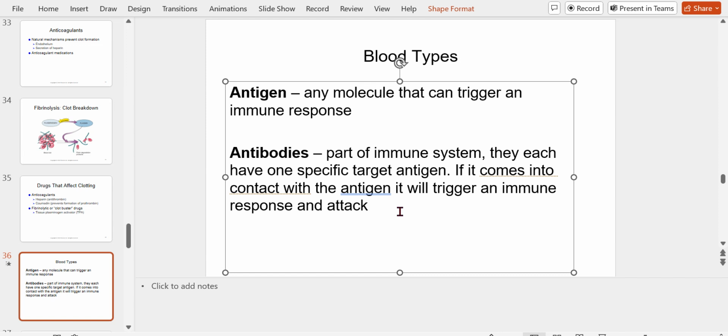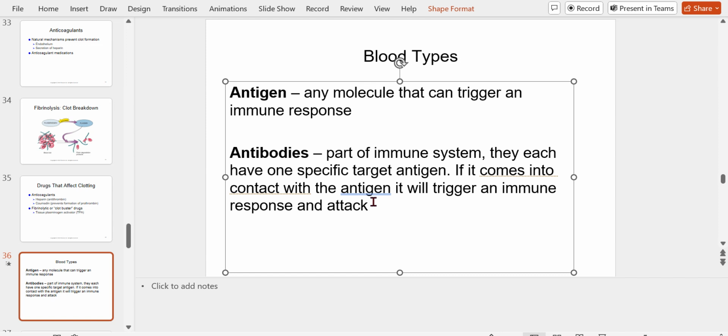If it comes into contact with an antigen, it will trigger an immune response and attack. You think of dust and pollen: when dust or pollen enters the body of an individual who is allergic to it, the nose gets runny, the eyes get watery, the nose gets stuffed up, swelling, all these kinds of things.